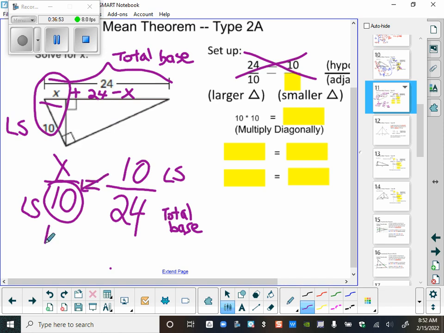What's 10 times 10 equals, we go this way, we multiply 24 times X, right? Do we agree? That's basically what would have been up here. In the end, you have 10 times 10, 24 times X.